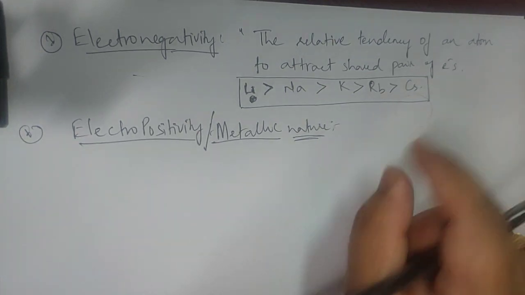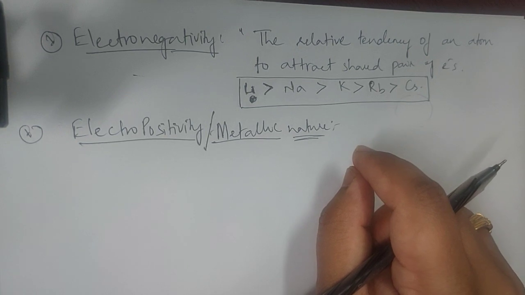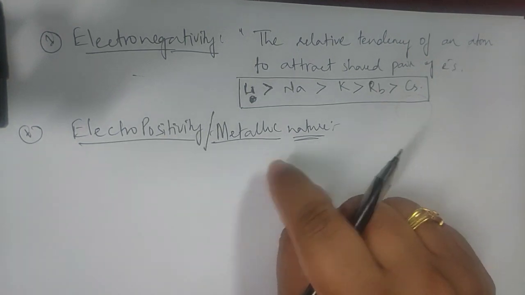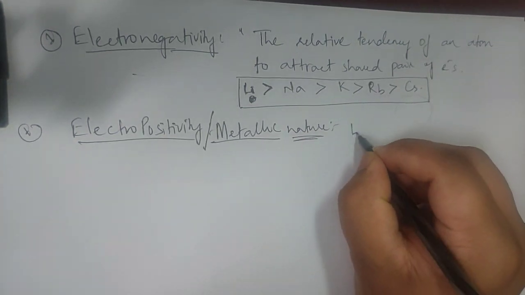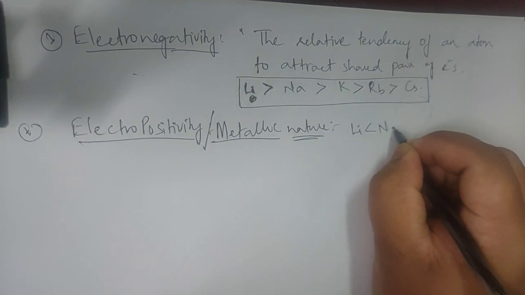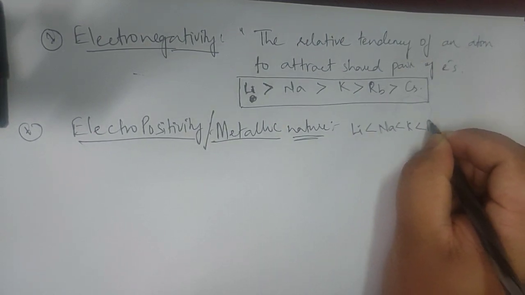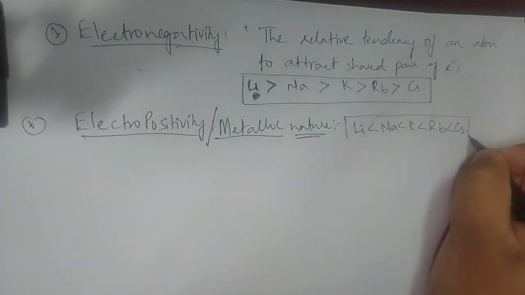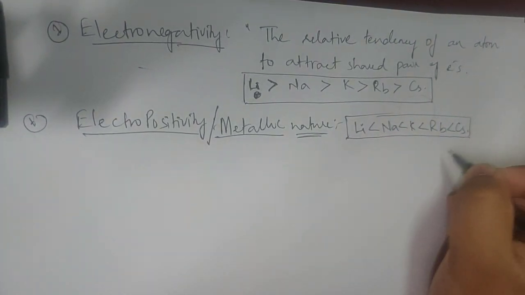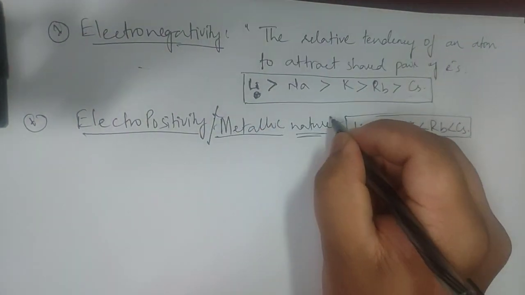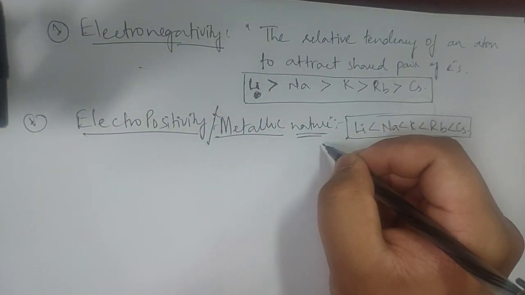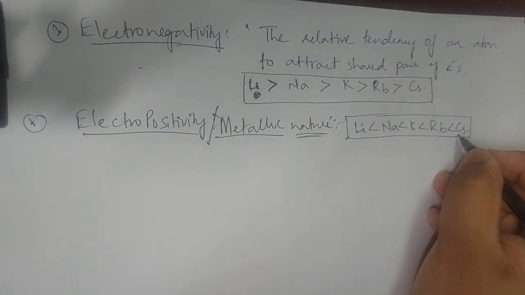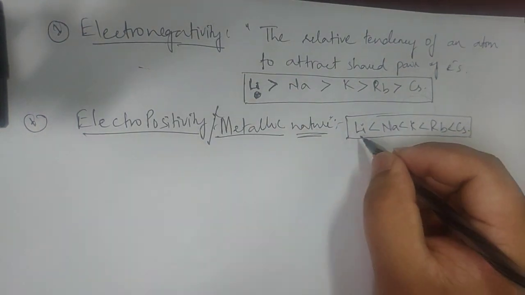So in terms of electropositivity and metallic character, it is increasing: lithium, sodium, potassium, rubidium, and then cesium. So this is the order. Whichever metal's tendency is to lose electrons, that is more metallic. So cesium is more metallic and lithium is least metallic.